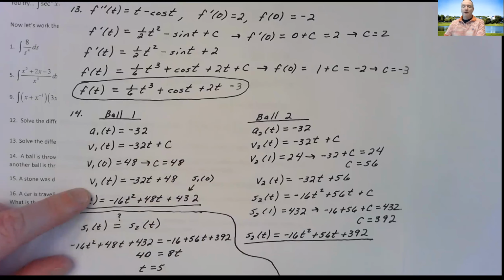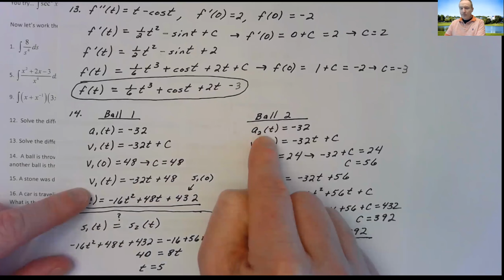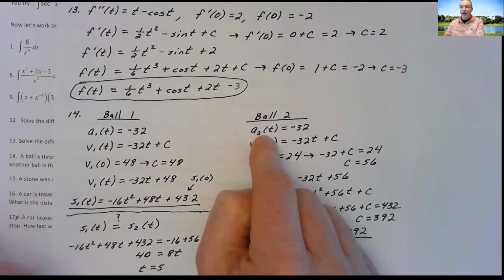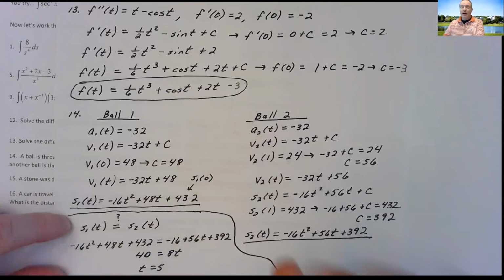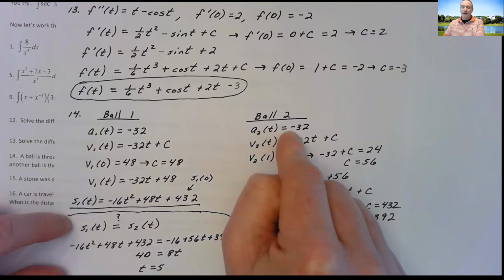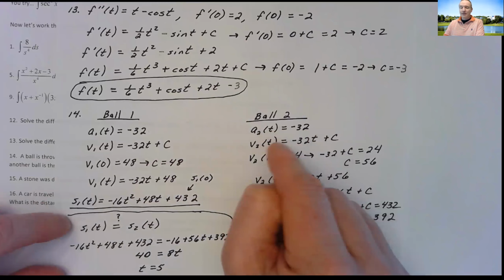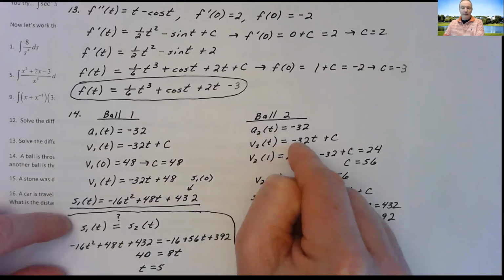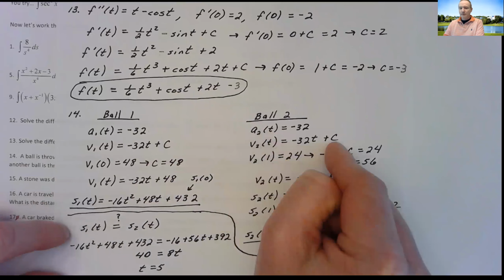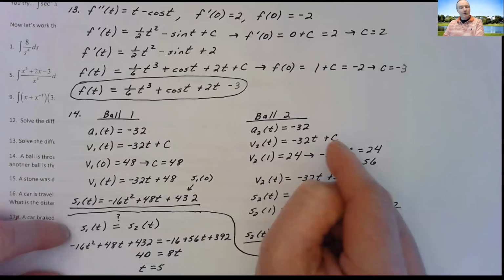Here's what I mean. For the second ball, again, the only acceleration acting on it is gravity. Gravity is going to pull it down at a continual rate of 32 feet per second every second. When I integrate that to get my velocity function, similarly, I'm just getting negative 32t plus c. But now, here's the trick.